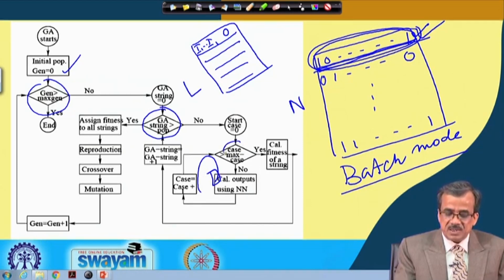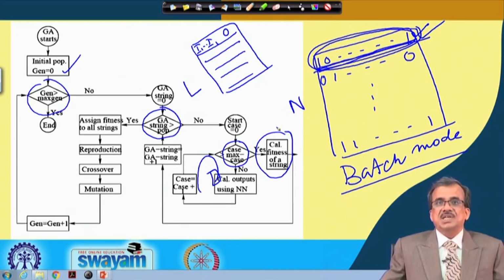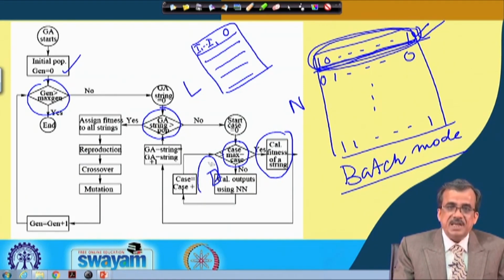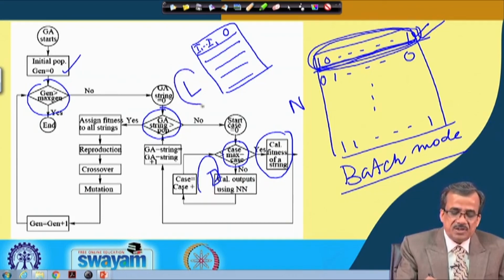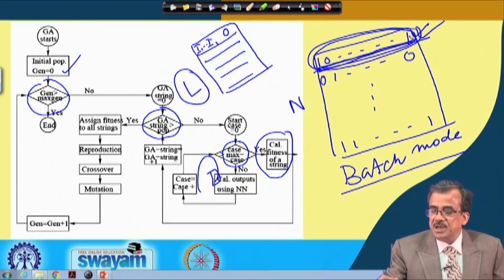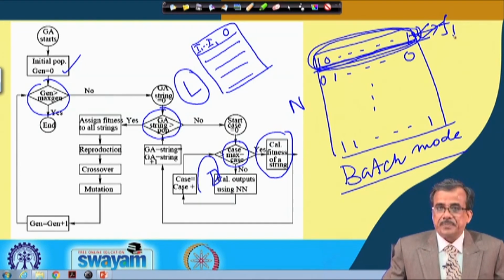The moment it satisfies this condition, we calculate the fitness of the GA string. That means, after passing all capital L training scenarios, we calculate the fitness of this GA string, and supposing that the fitness of the GA string is denoted by F1.